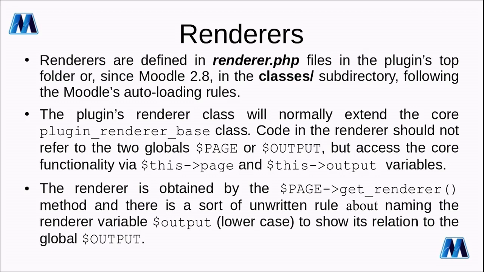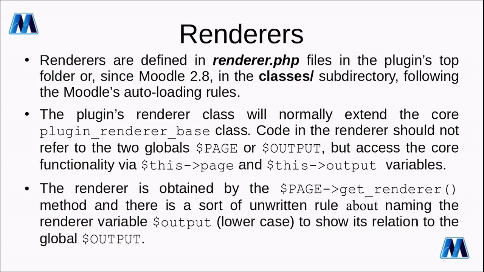Okay, the renderer is obtained by calling the global page get_renderer method, and there is a sort of unwritten rule, a convention, to name the renderer variable that you get back from get_renderer in lowercase $output to show its relation to the global uppercase $OUTPUT. And so that's an overview of renderers.